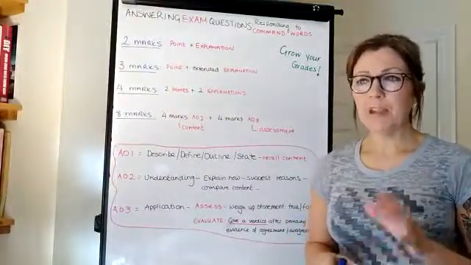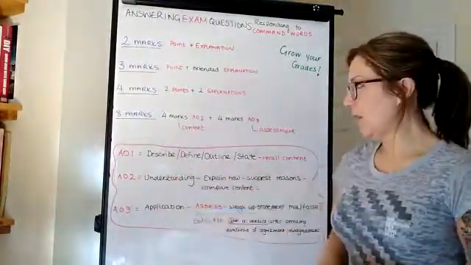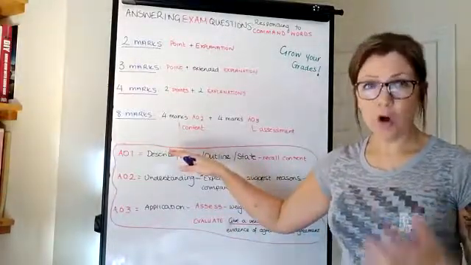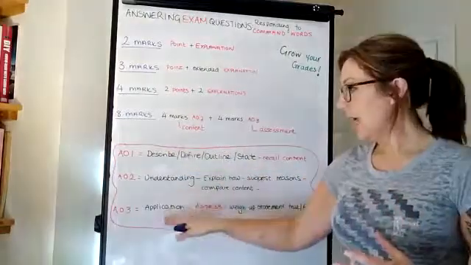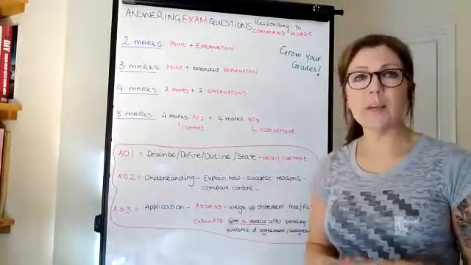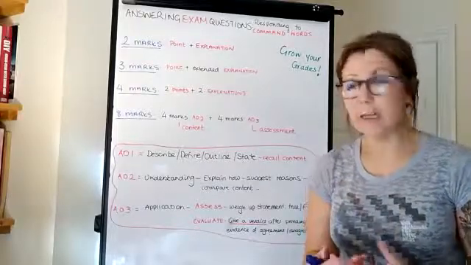So really the difference between AO1 and AO3 is that AO1 is all the things you've just learnt in terms of content and facts and figures, and AO3 is about applying that information and saying which is better or which is worse. So it's more about you making a judgment, really, AO3.